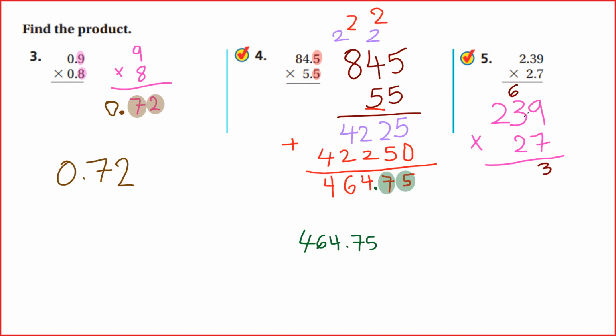Okay, 7 times 3. 27. 7 times 2. 14 plus 2. 7 times 3, we said 21, plus 6, 27. 7 times 2, 14, plus 2, 16.